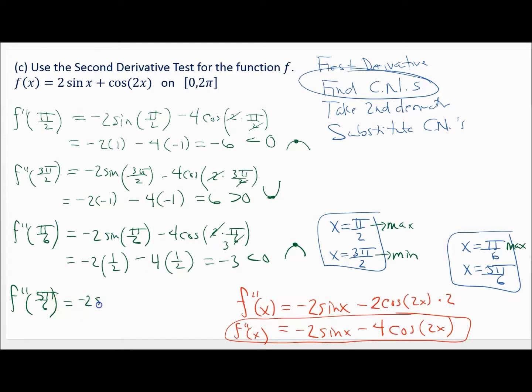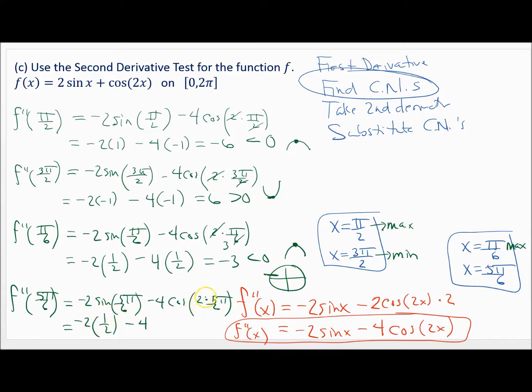And then the last one, f double primed of 5 pi over 6, is negative 2 sine of 5 pi over 6 minus 4 times the cosine of 2 times 5 pi over 6. Now, the sine of 5 pi over 6, you remember where 5 pi over 6 is? It is in the second quadrant, close to pi. Sine is positive there, and it's going to be a positive 1/2. So it's negative 2 times 1/2 minus 4.